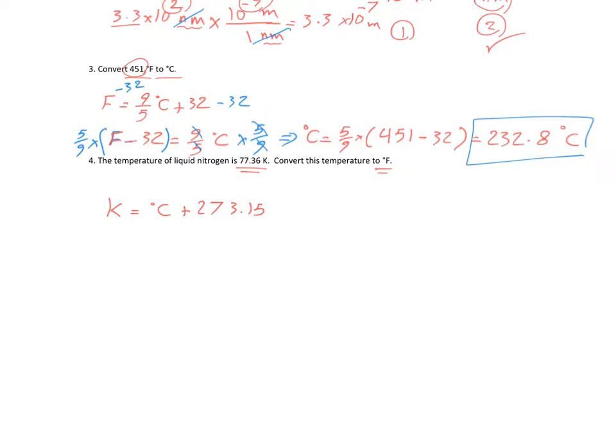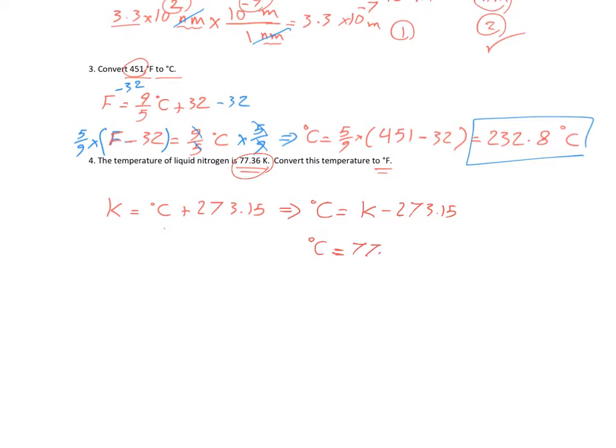And to double check it, water freezes at 0 degrees Celsius and at 273.15 Kelvin. So if you put 0 here, it's 273, so it's right. Okay, so you want to solve this for Celsius. Therefore, degrees Celsius is Kelvin minus 273.15.